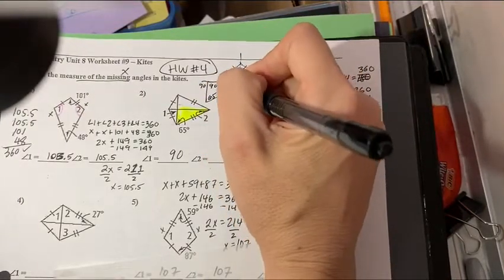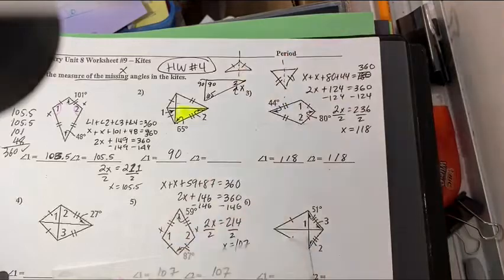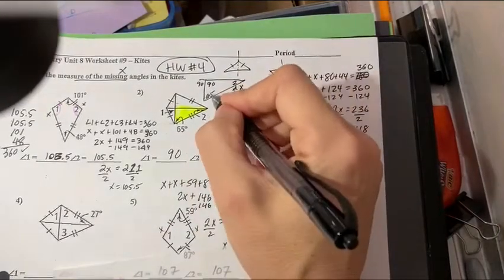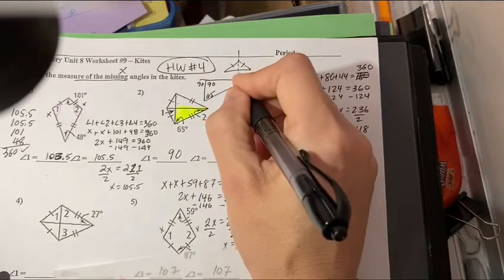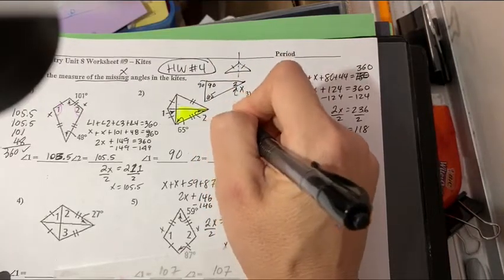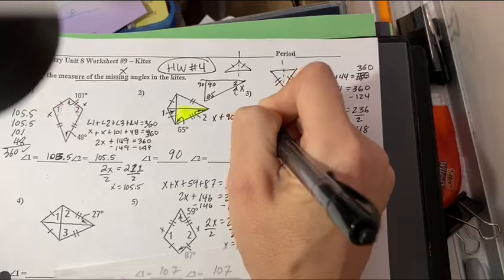Okay. So I don't know what angle 2 is, so I'm going to call that X. But these 3 angles are part of a triangle, so these 3 angles would add up to 180. So X, which is my angle 2, plus the 90 degrees, plus the 65 should add up to 180.